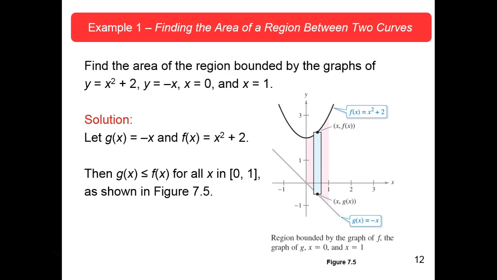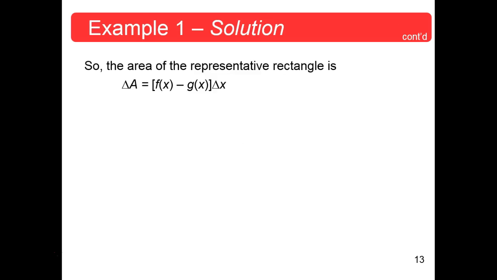The difference between those is the f minus g. G is minus x, so that's f of x, which is x squared plus 2, minus a minus, is plus x. That's your function. So the area of the representative rectangle, your delta A, would be your f minus g times your delta x.